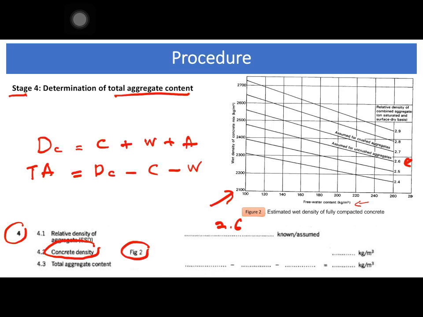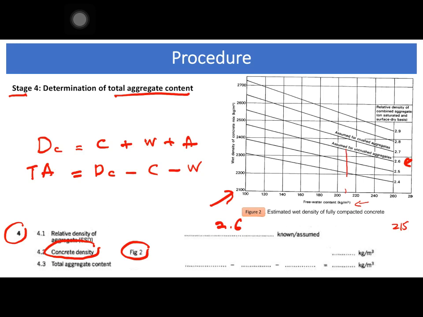What is our water content? Water content is 250, right? This is 200, 220, so it is in between. You need to plot this 250 and go to 2.6 here.